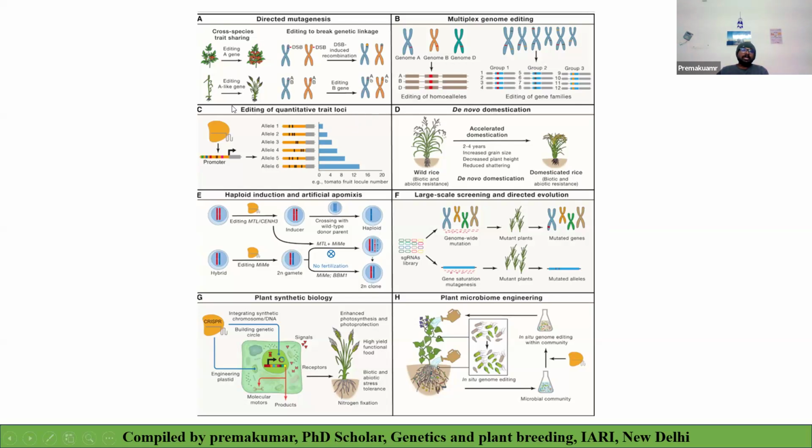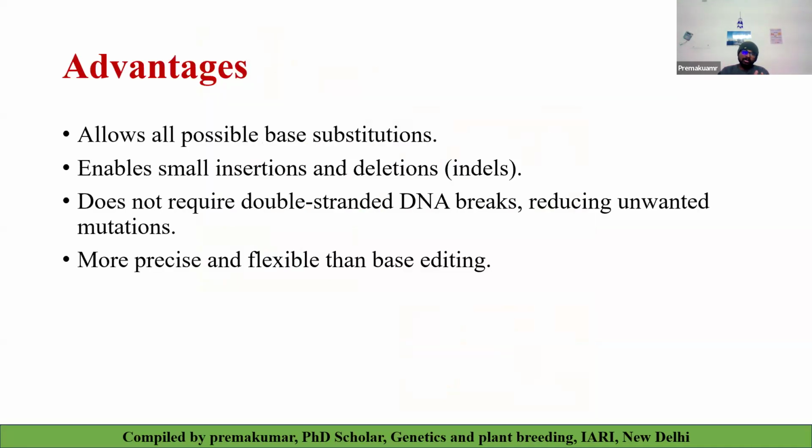Then you can have directed mutagenesis, where conventional mutation is random in nature, undirected. That is one of the advantages. And nowadays we are doing multiplex genome editing, which means at a single time we can edit more than one gene. Base editing, prime editing, or CRISPR-Cas9 editing each edit only a single gene.